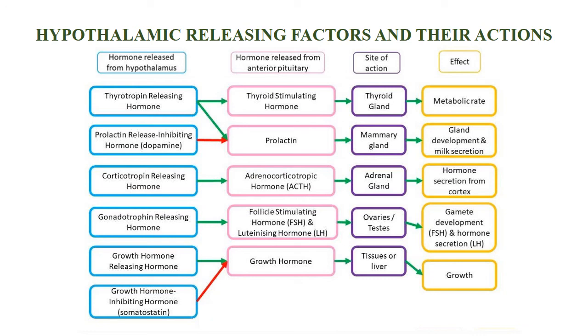Thus growth hormone inhibiting hormone inhibits or decreases the secretion of growth hormone from the anterior pituitary, therefore slowing down the growth and development at one particular age of the individual. And these are the hypothalamic releasing factors and the inhibitory factors and their actions. Thank you.